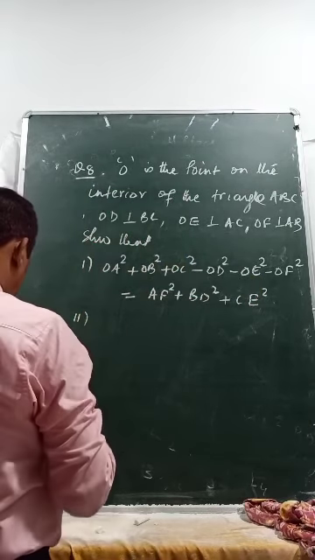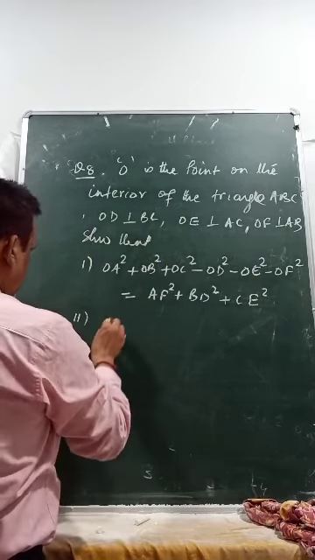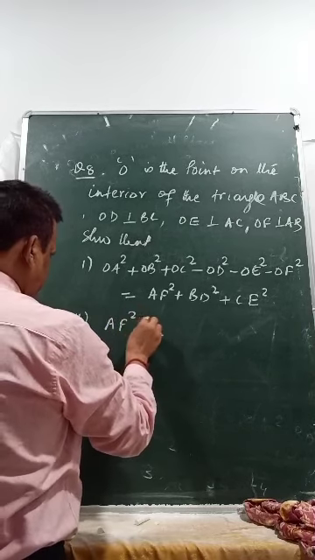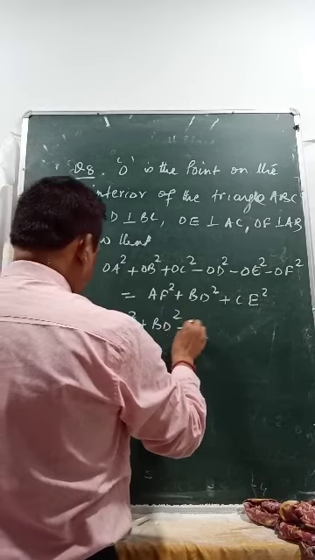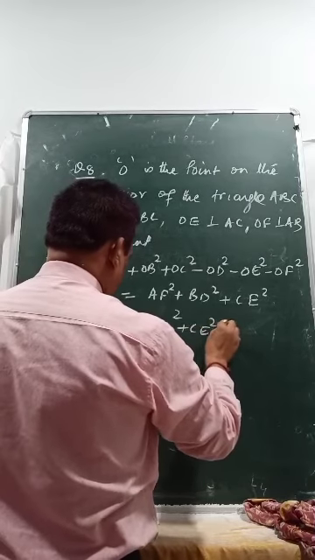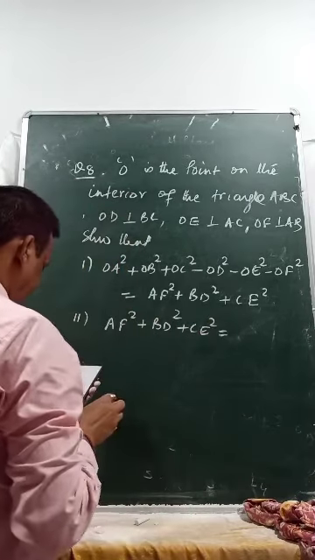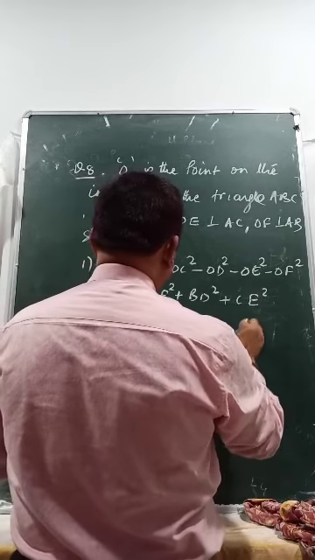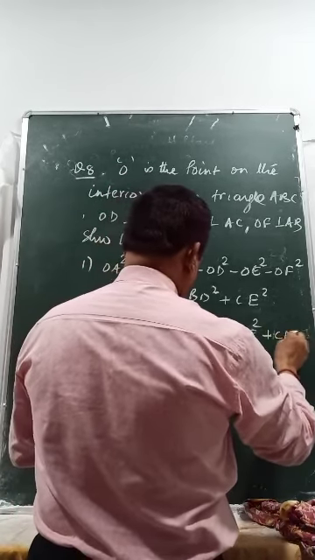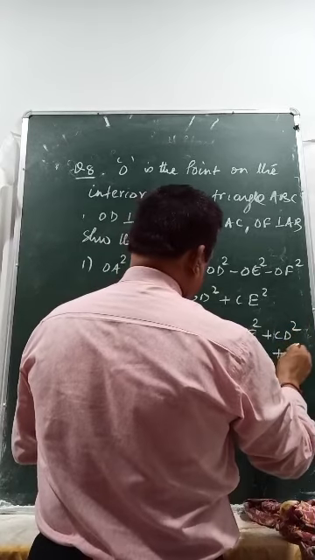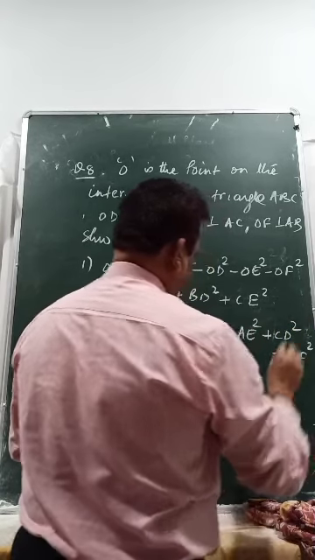Second part of the question, AF square plus BD square plus CE square equals AE square plus CD square plus BF square.